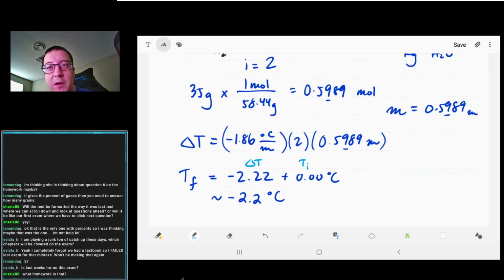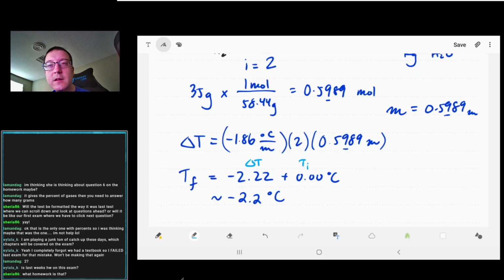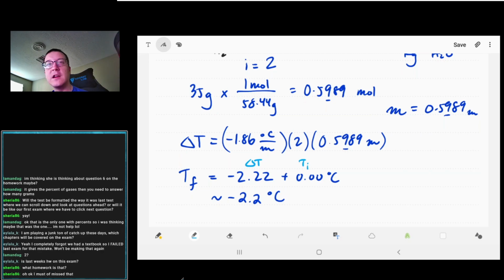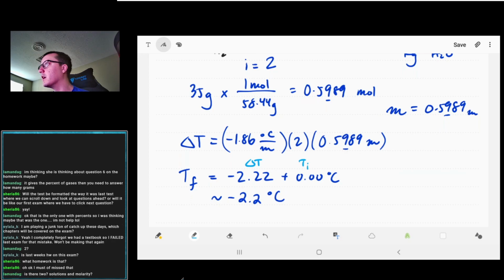Okay, well, it's on Canvas. If you just go to assignments, you'll see it there. It should also be on the homepage. But don't worry, it's pretty short.